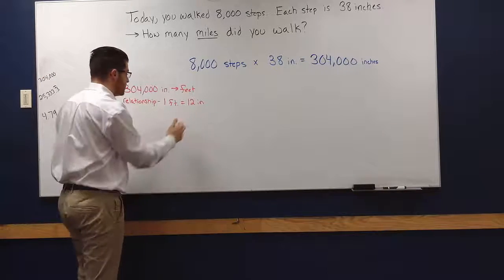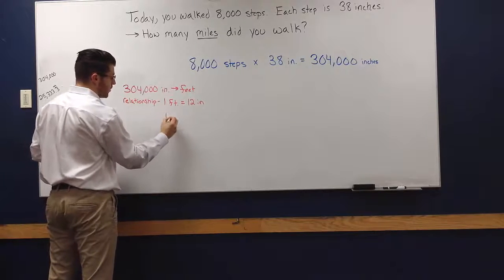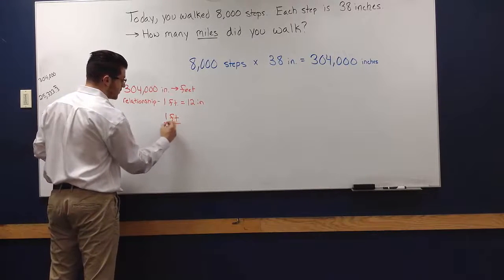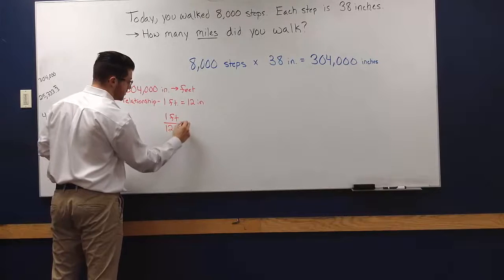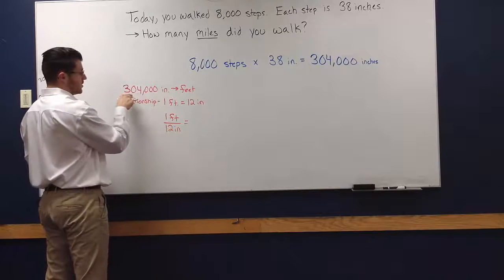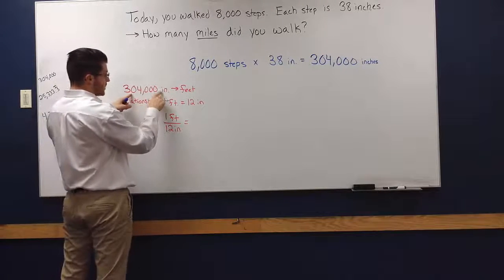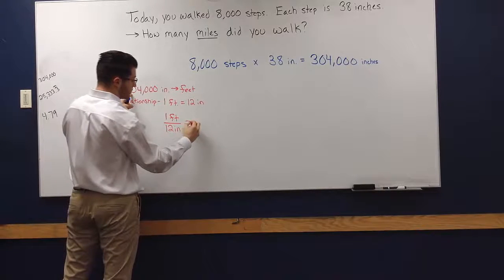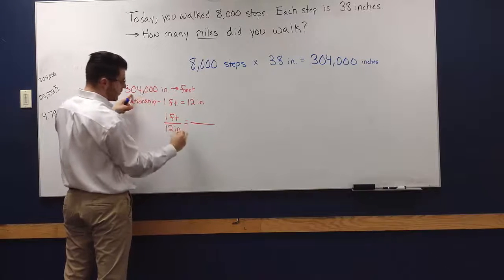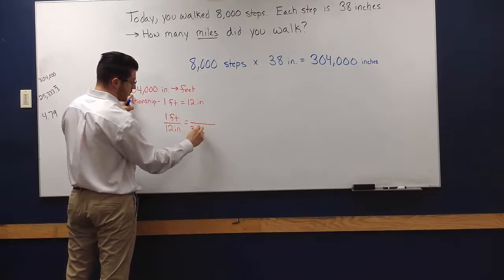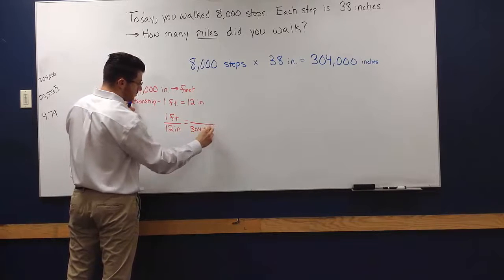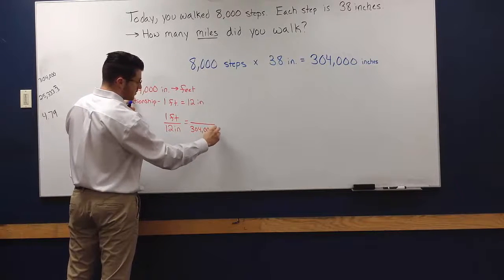Here's your first ratio: 1 foot over 12 inches equals, now your question. Make sure inches stays with inches. So 304,000 inches will go on the bottom so you can be consistent.